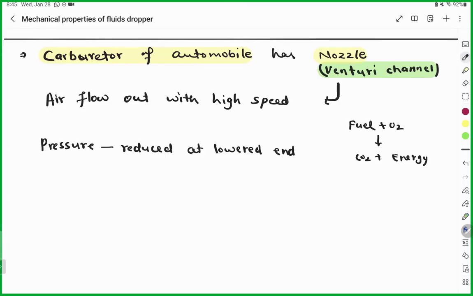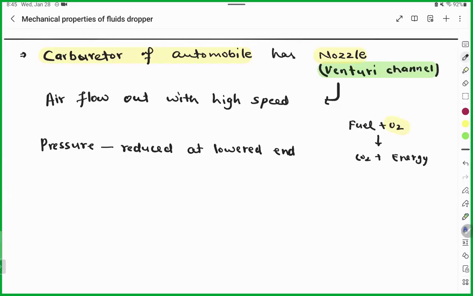So there will be proper supply of the petrol or diesel, whatever we use in the car, and there will be proper mixing of the air with the fuel, which is necessary for combustion because you need oxygen in this case.